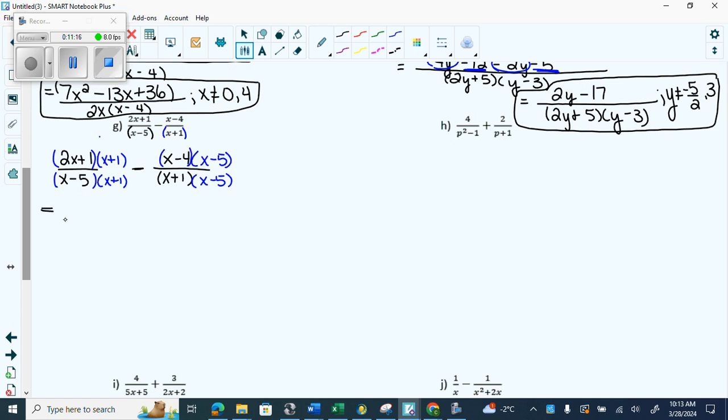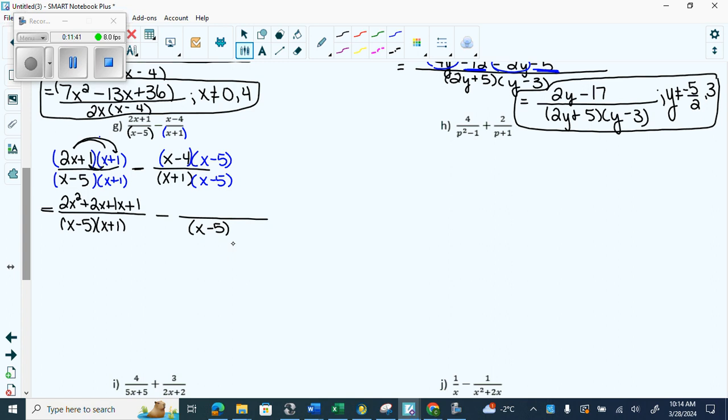Distribute the numerators and keep the denominators. So I get (x minus 5)(x plus 1). So I get 2x squared. First, outside, 2x times 1 is 2x. Inside, 1 times x is 1x. And then the last terms, 1 times 1 is 1. Minus sign, (x minus 5)(x plus 1).